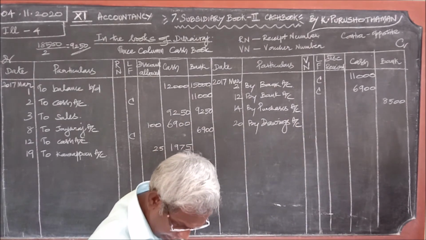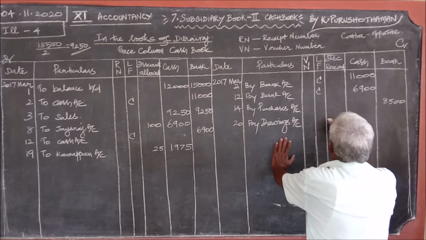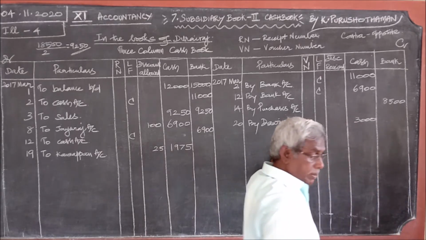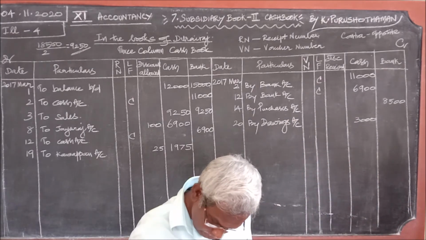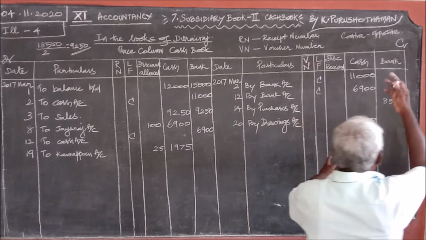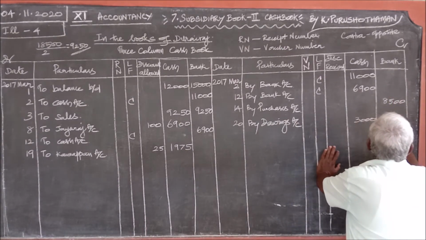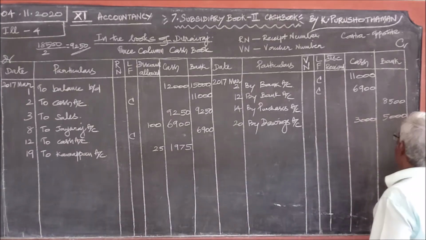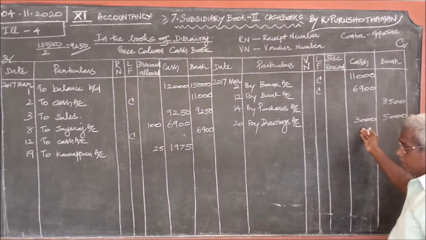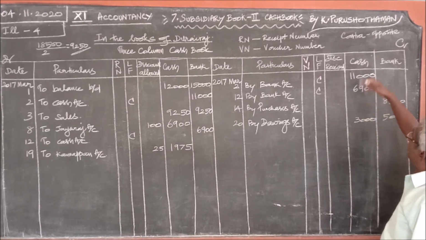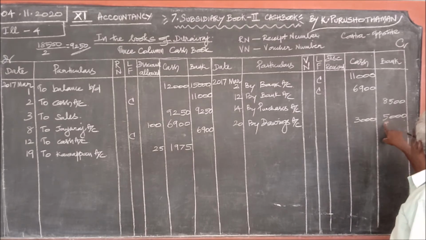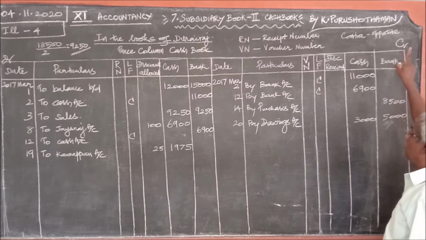Cash rupees 3,000, therefore cash goes out 3,000. And from the bank he has withdrawn rupees 5,000. Therefore, from the bank 5,000 goes out.